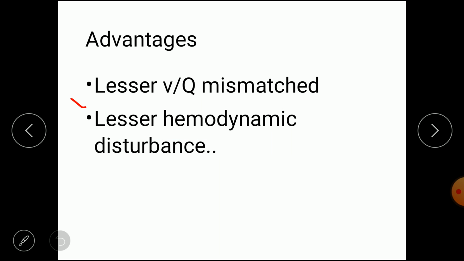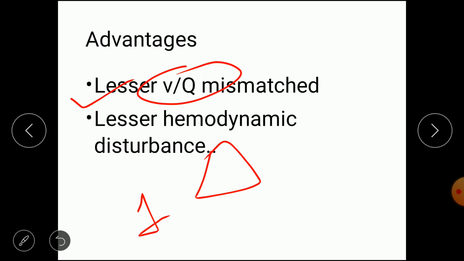Advantage: lesser V/Q mismatch. V/Q means ventilation perfusion ratio.